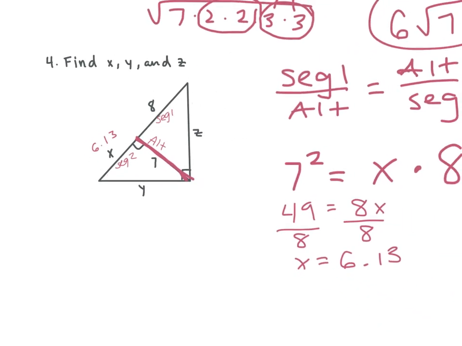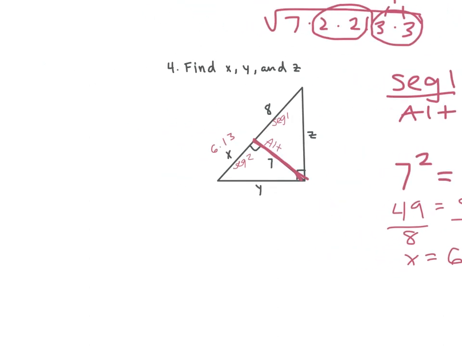So now we need our second formula to help us find the legs. The next one is hypotenuse over leg is equal to leg over the segment. Remember, the segment is the part of the hypotenuse that is adjacent to the leg that we're talking about.